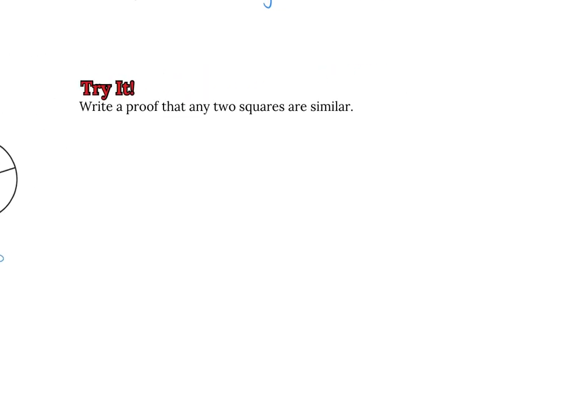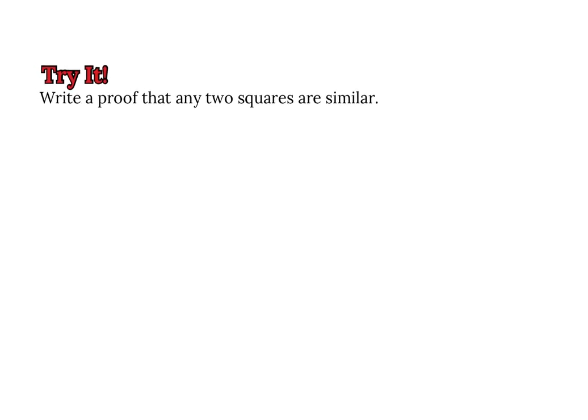All right, try it. We want to write a proof that any 2 squares are similar. Okay, so first thing we want to do is write our given information. So we're going to come up with a statement for our given information. And we are writing this about two squares. So I'm going to create two squares.